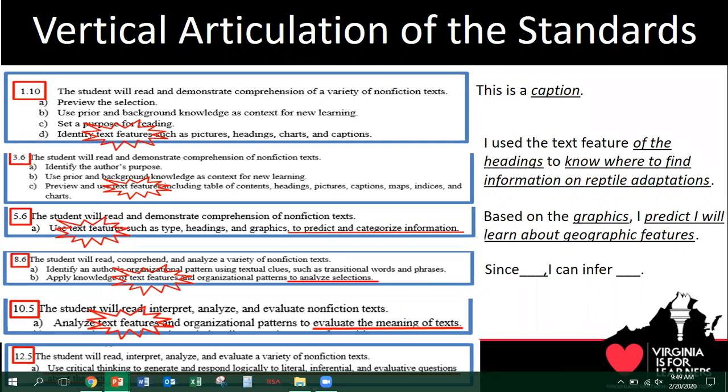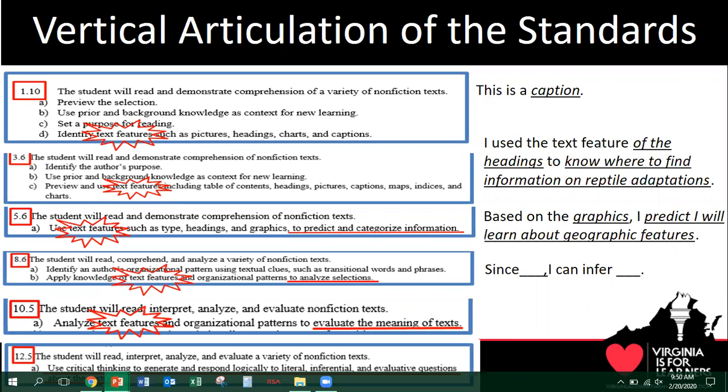For example, based on the graphics, so that text feature reference, I predict. And in this case, I'll learn about geographic features. So bringing in other content areas into what the students are reading is important. But going back to what the SOL says students have to be able to do, and thinking about the language that supports that.